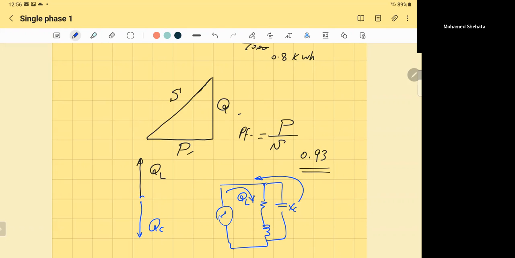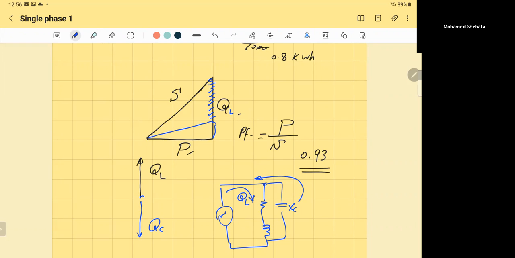Balance it, then you can fix the power factor. What does it mean? If this is QL and you put QC and minimize it up to here, that's the total now. This part will be produced by the capacitor. That's how you minimize Q, and then you improve the power factor.